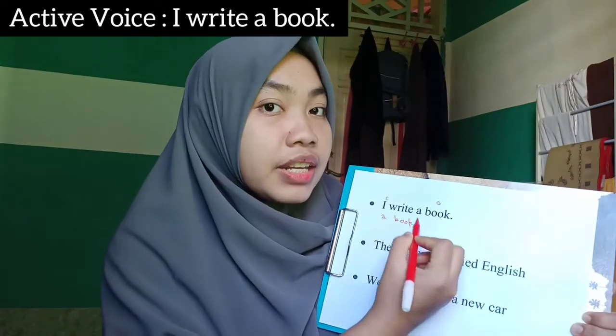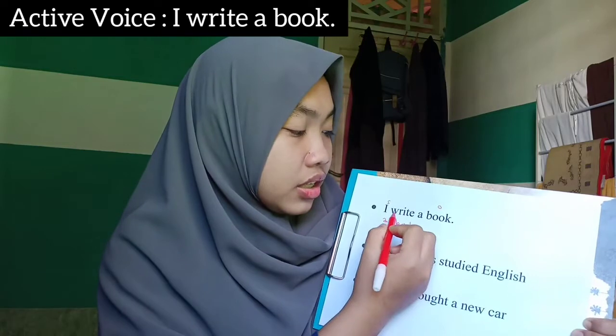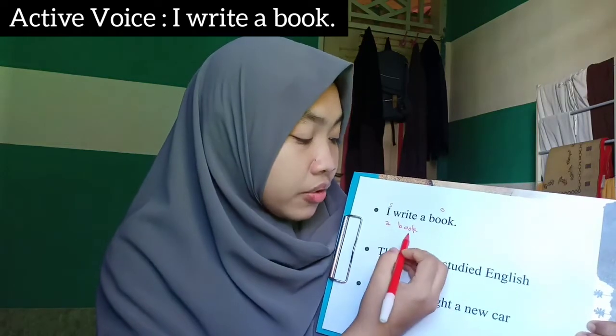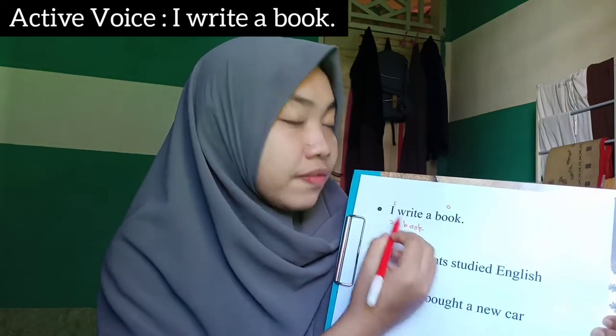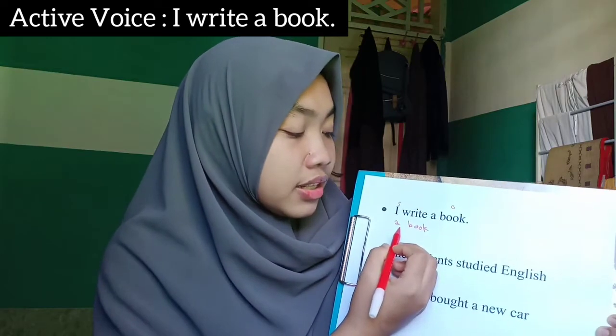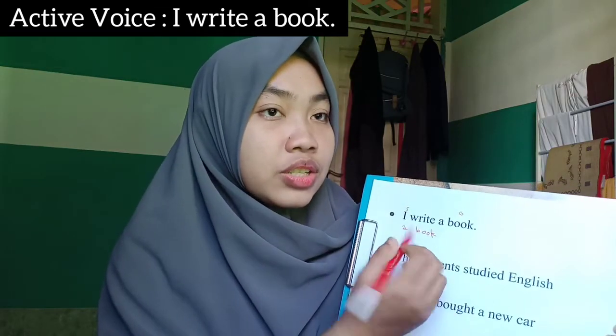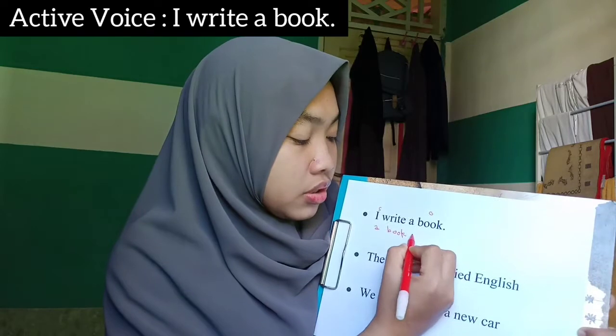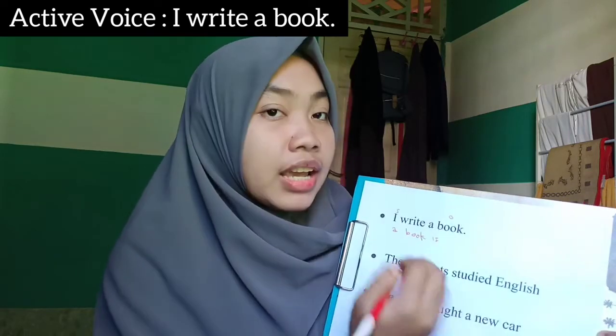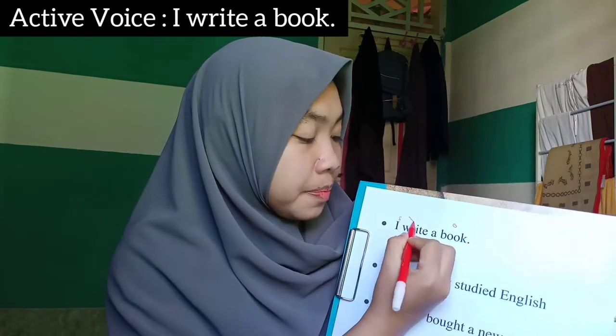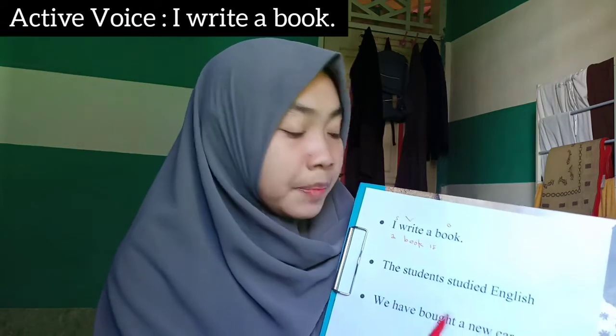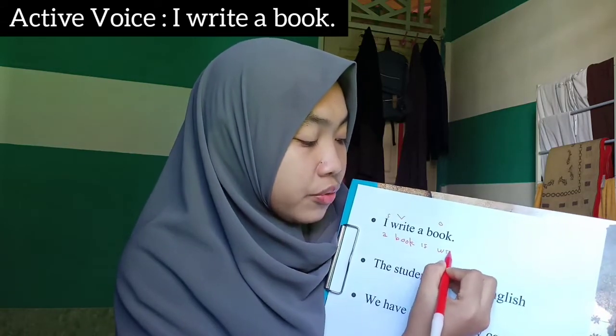So the be here is is, because the sentence is present and the subject right now is just one, a book. So is, and the verb changes to the past participle, which means written.